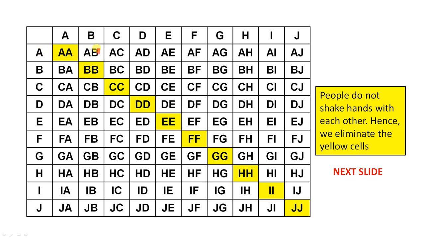AB, AC, AD, etc. And we go all along. For example, if we look at this cell here, that's DF.